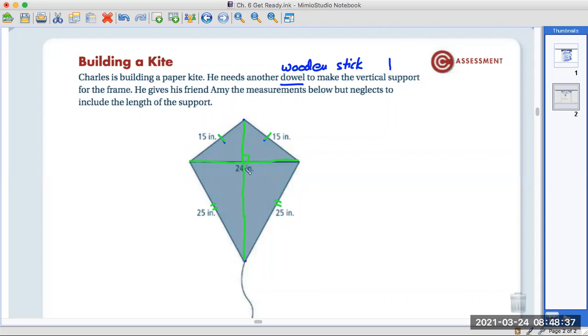So here's the clue I'm giving you. You've got 1, 2, 3, 4 triangles here. They're all right triangles, correct? 1 right triangle, 2 right triangle.